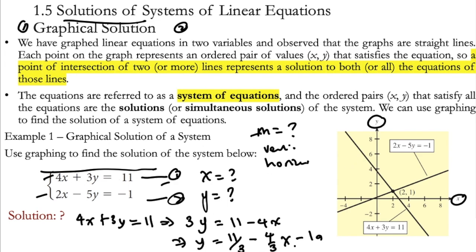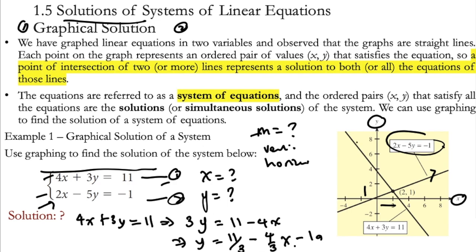Do the same for the second equation, 2x minus 5y equivalent to minus 1. Then you're going to get the upsloping line here, right, given by this equation. So if you draw it according to the scale, alright, so if you have 2 here, you have the same distance of 2 here. So that's what I mean by according to scale.